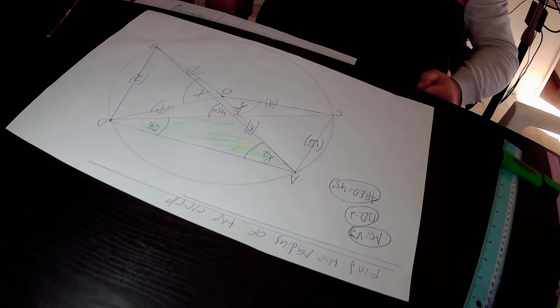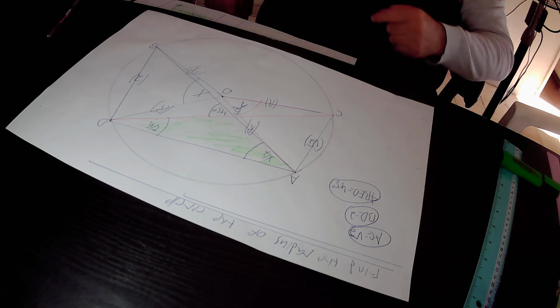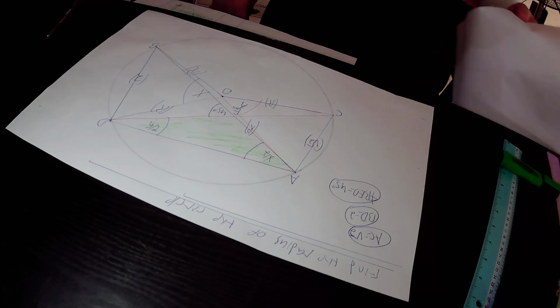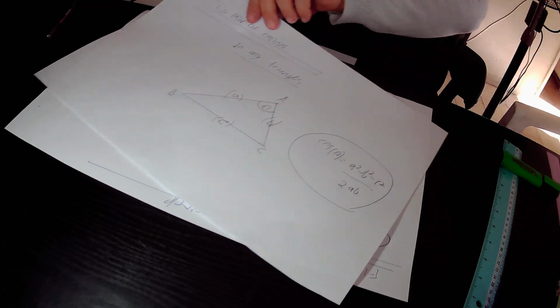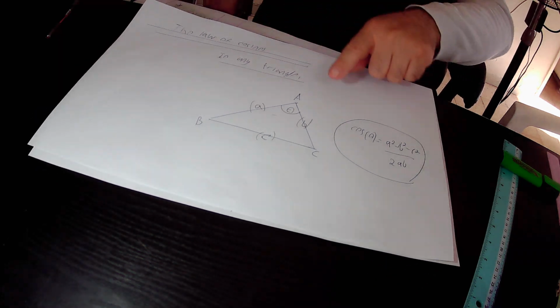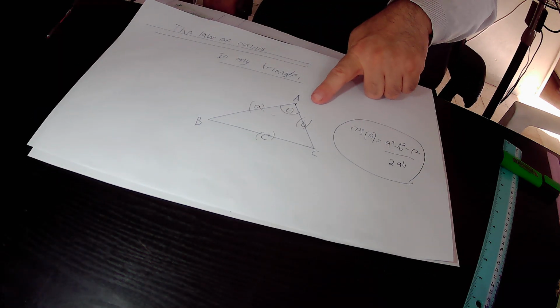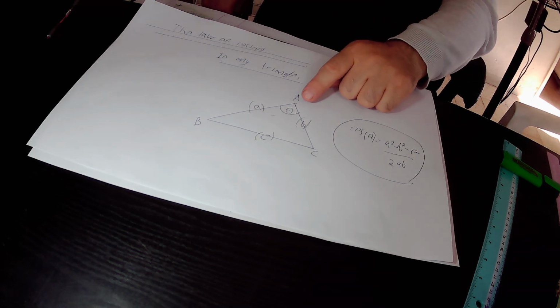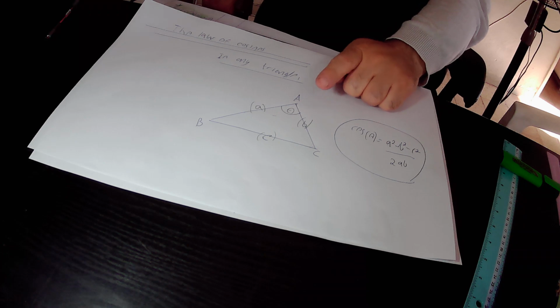So I presented to you the law of cosines and implemented it in this triangle DOB. Quickly, the law of cosines is true in any triangle. So this is triangle ABC, which could be any triangle. In triangle ABC, this is angle theta.